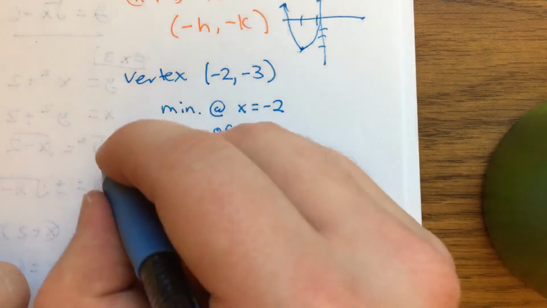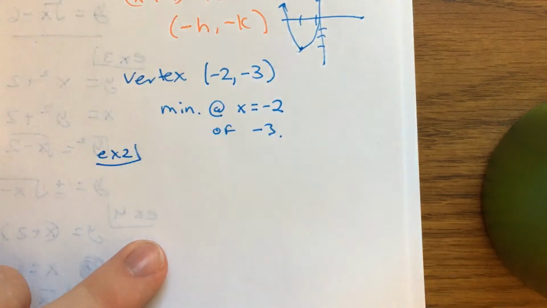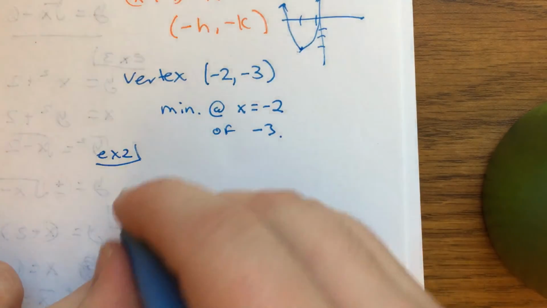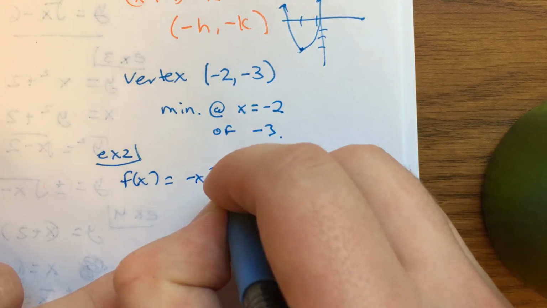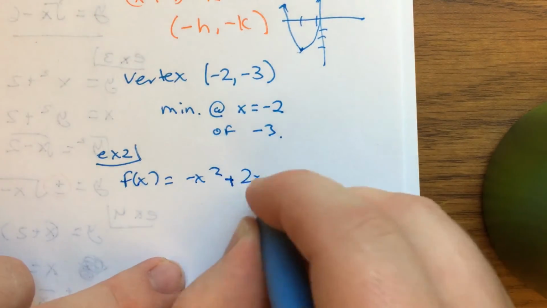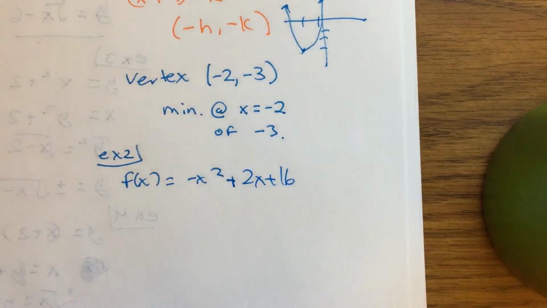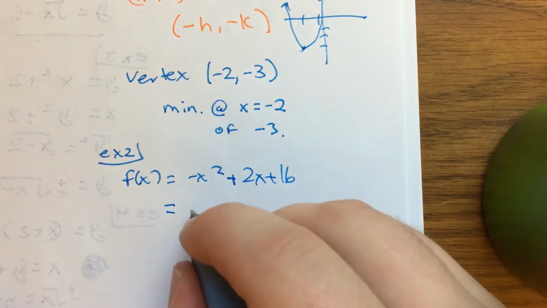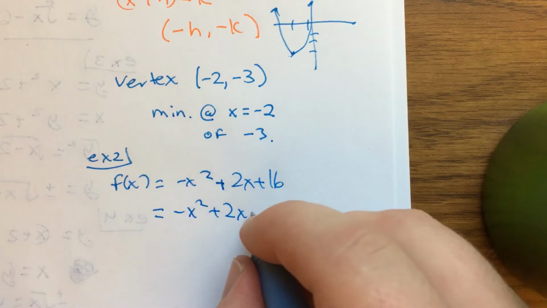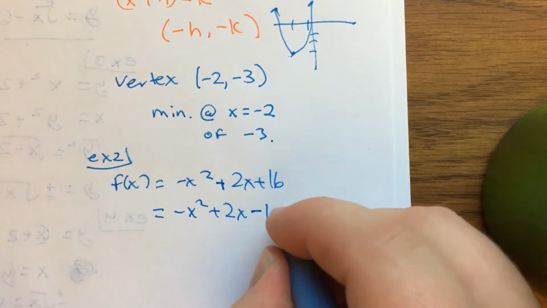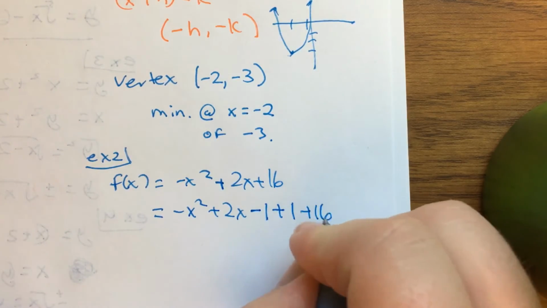All right, let's consider a second example then. Let's rock out an f of x is equal to negative x squared plus, let's go, 2x plus 16. Okay, let's try that. Which is equal to negative x squared plus 2x, and we have our plus 1 and the minus 1 again.